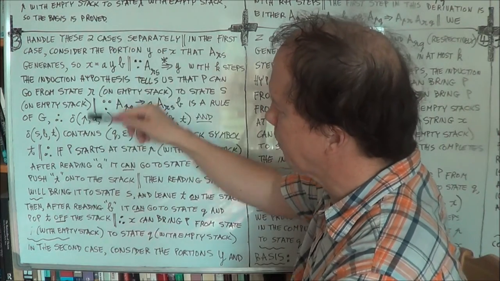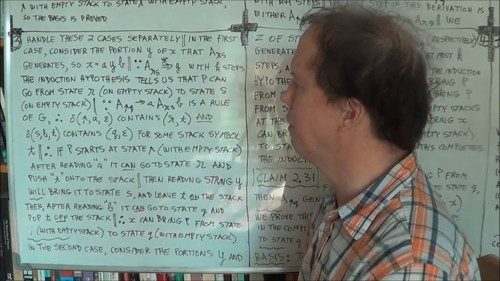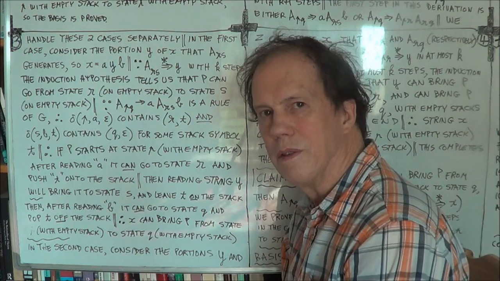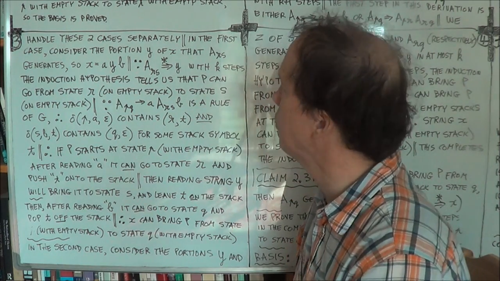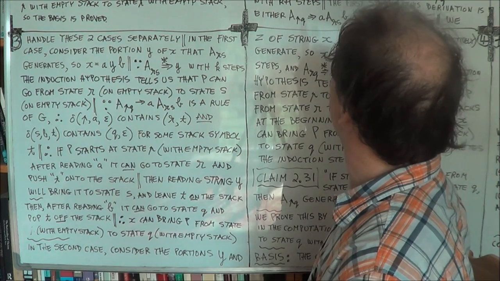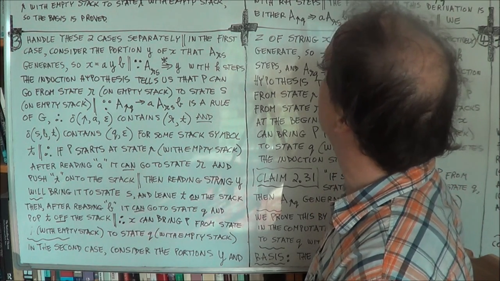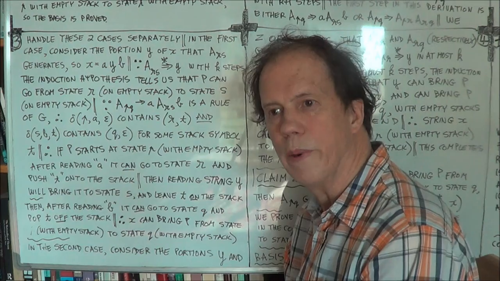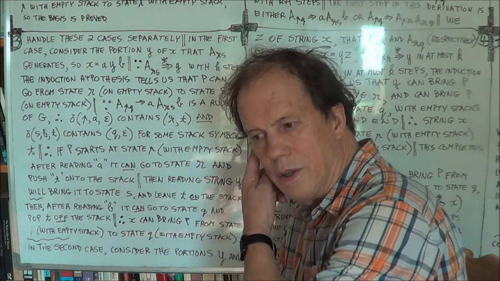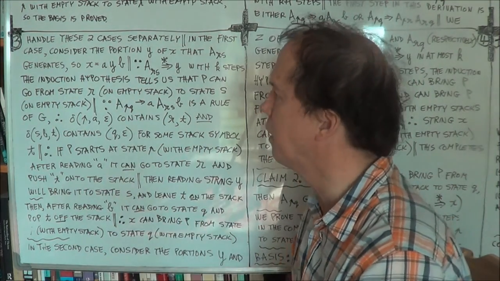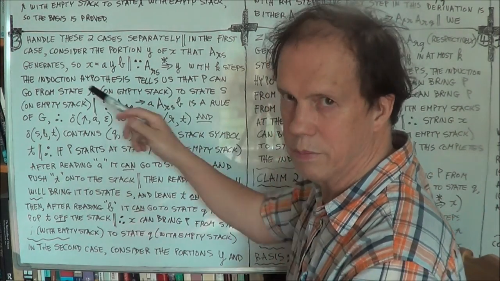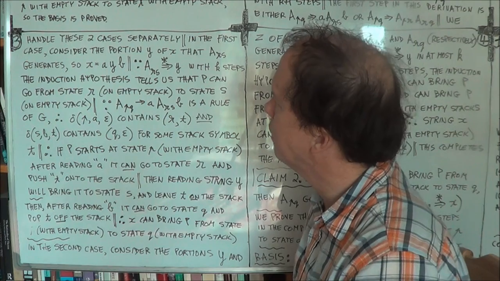So I hope, as you see in the proof, that you'll see the motivation for those rules, and you put those rules into your rule base, into your set of rules for the grammar G, and the reason why you did that will now become clear in the proof.